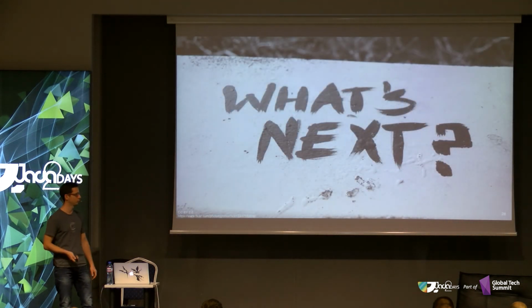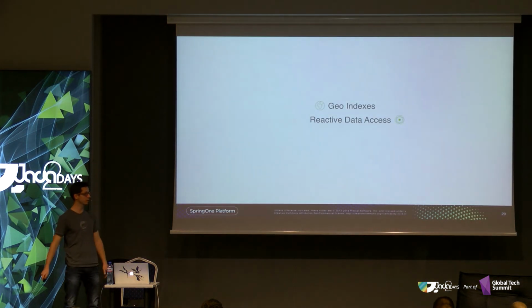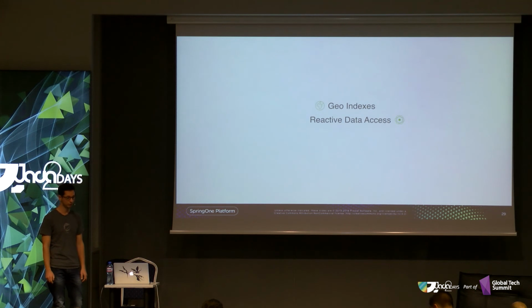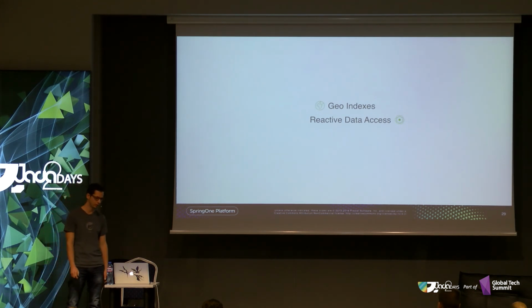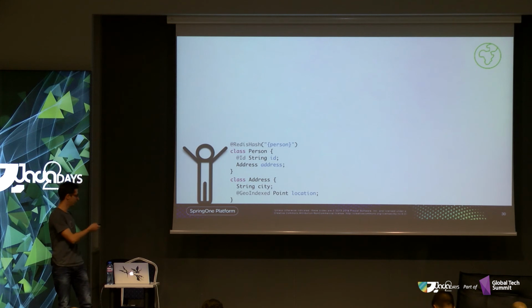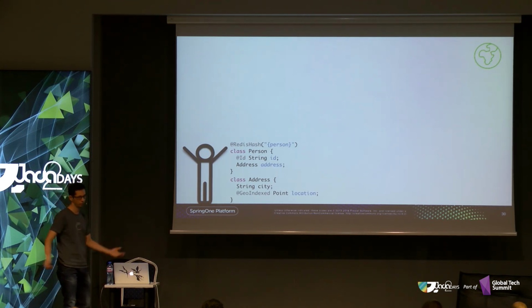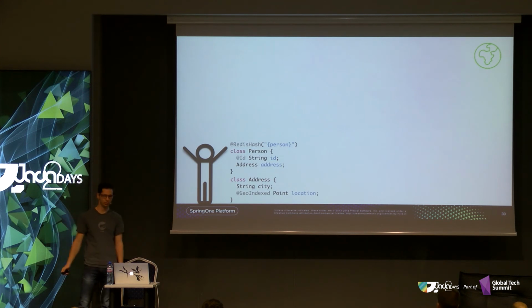So now we are on the what's next section, because all the other stuff is already available. We saw the Geo Index stuff. We're going to add it for the repository layer, and we are working hard on the reactive data access side. For Geo Indexing, you just imagine having a @GeoIndexed annotation on a point. Of course, programmatic setup is possible as well.